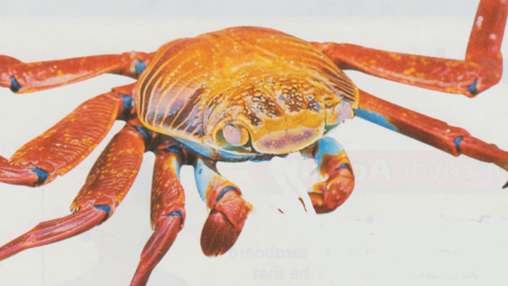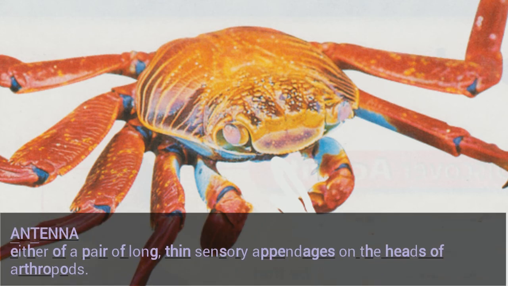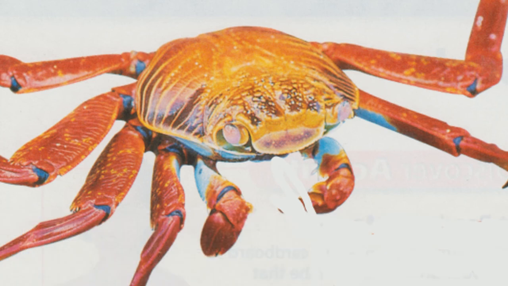For example, arthropods use legs to walk and wings to fly. In addition, most arthropods have appendages called antennae, or in the singular, antenna, another one of your vocabulary words. And the definition of an antenna is an appendage attached to the head that contains sense organs.